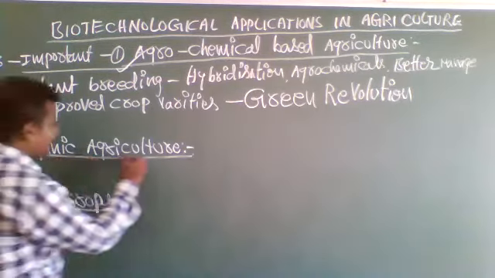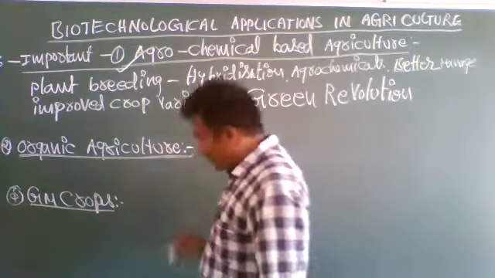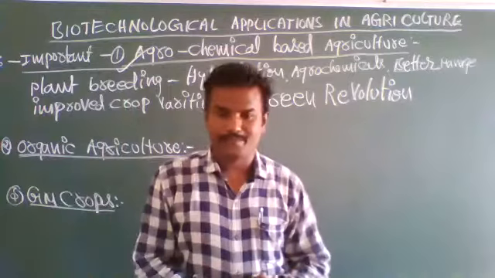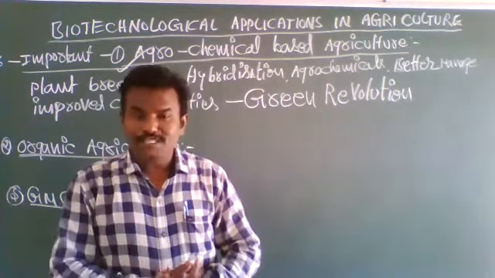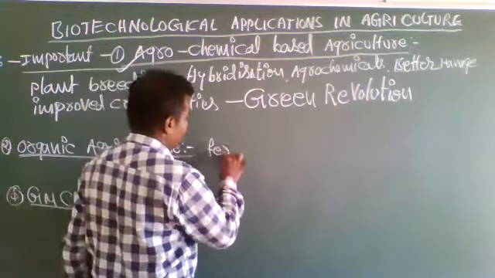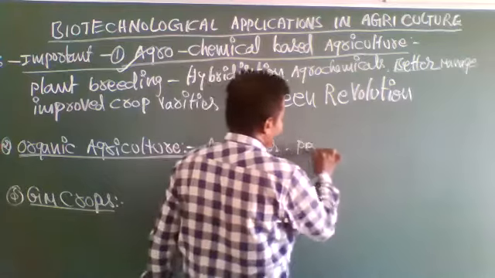Next, organic agriculture. The main aim of organic agriculture is to reduce the need for fertilizers and pesticides.